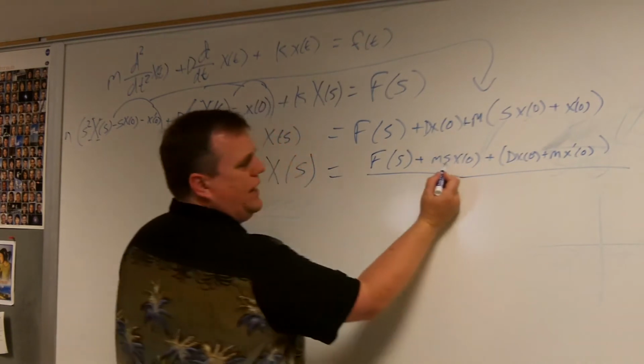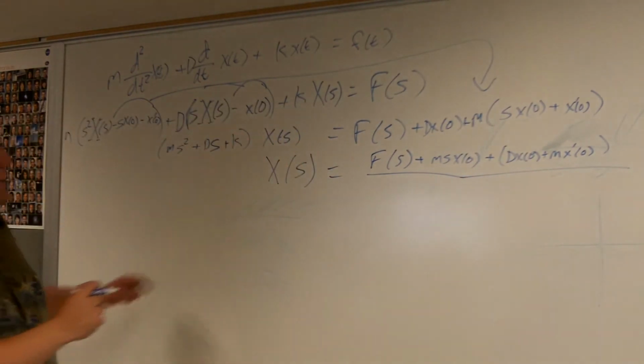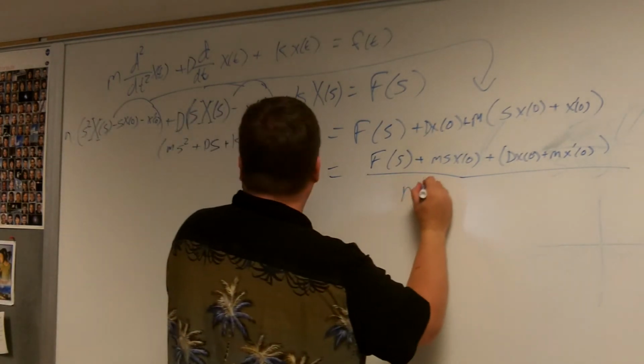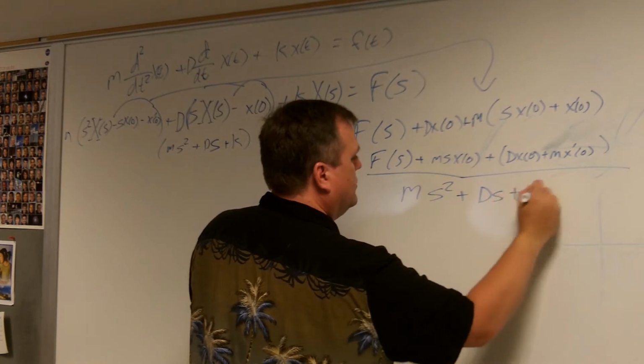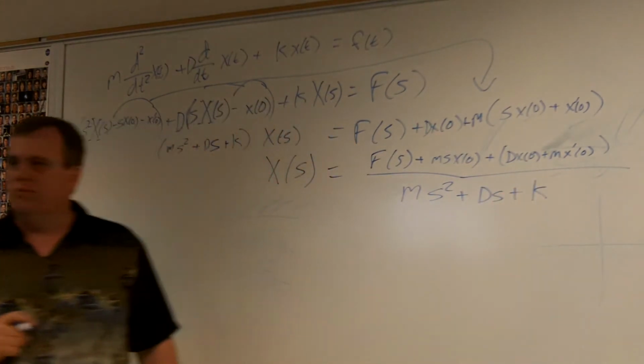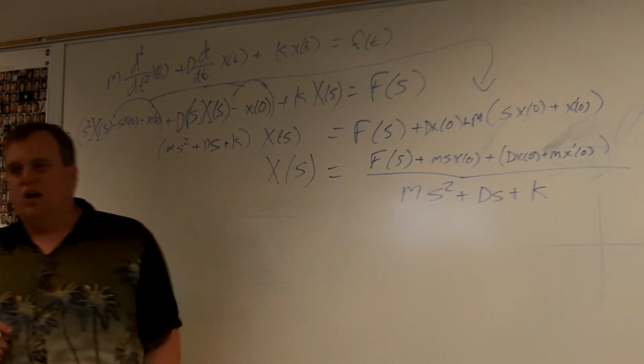I've put the ones that have S here and the constants out here. And then we have to divide by S squared plus d S plus k. So far, so good? Now, this is still not done from our perspective.